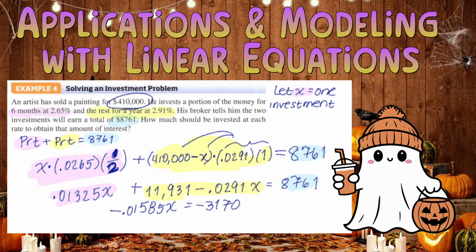Divide both sides by negative 0.01585, and I get that x is 200,000.